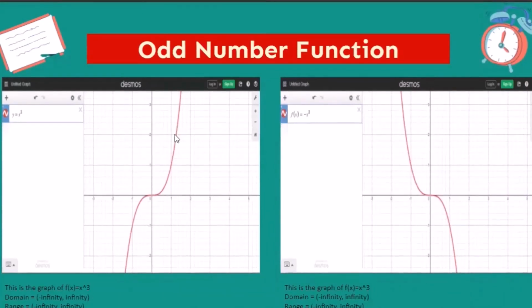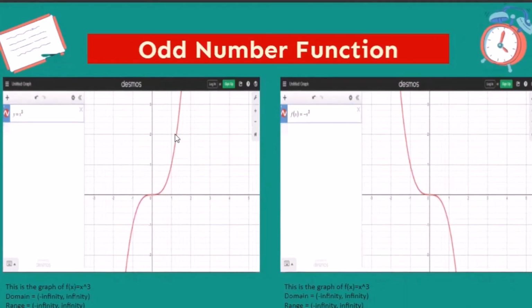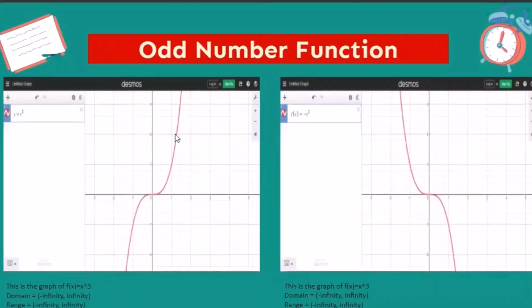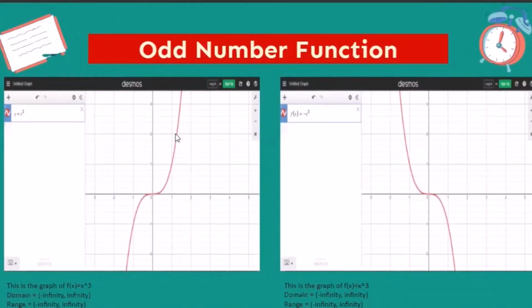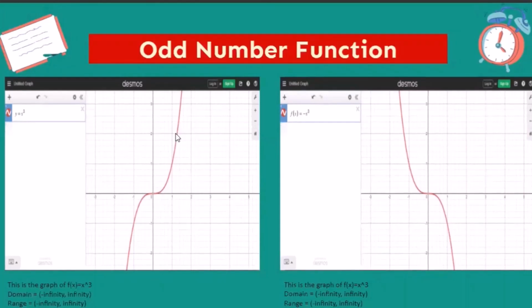Odd function. This is the graph of f(x) equals x to the power of 3. We can see that it starts from down and goes to the top. So the domain is minus infinity to infinity, and the range is minus infinity to infinity.